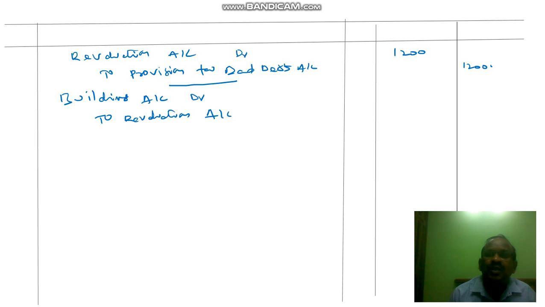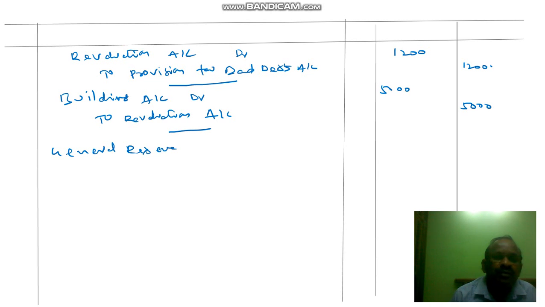Revaluation account, buildings value is increased by 5000. Next, here the general reserve is there. That will be distributed between the old partners, because general reserve means it is gained by the previous partners, so that amount belongs to the old partners.